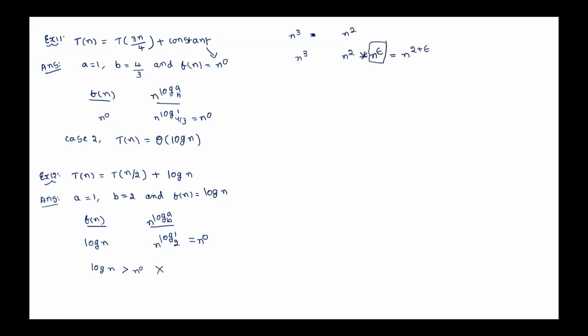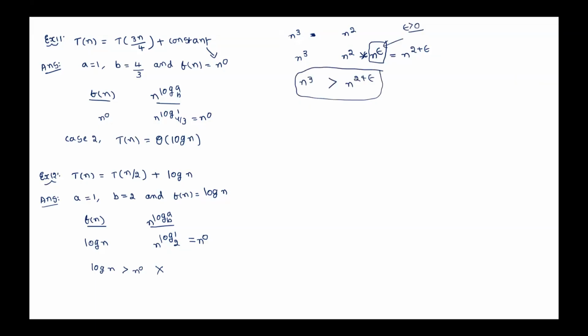Now, if you can give some positive value for epsilon such that this is more than this, then we say that n cubed is polynomial amount more than n square. Is it clear?